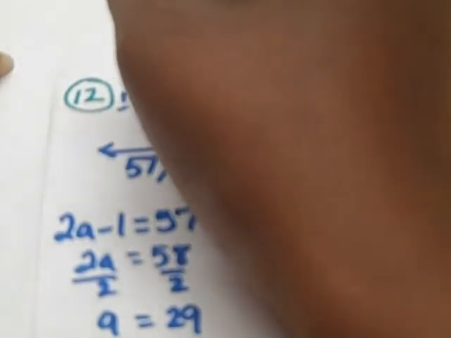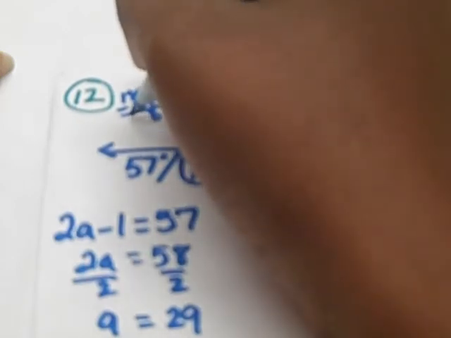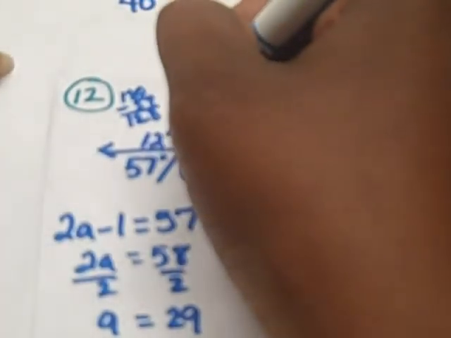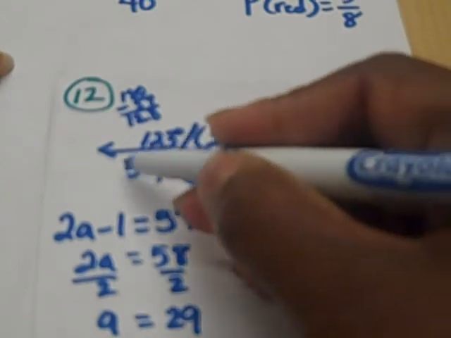So I'll write up here 180 minus 57. I have 123.